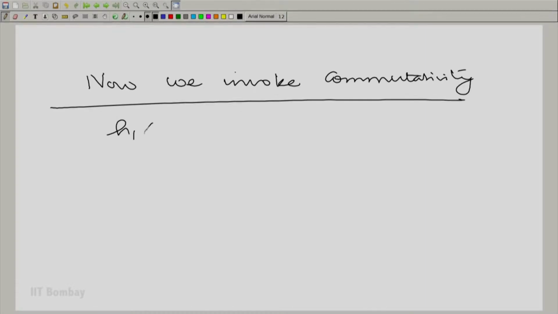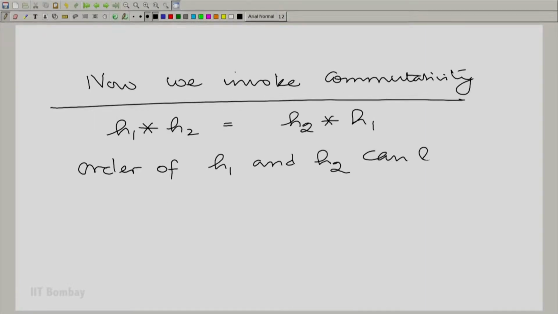And now, the moment the impulse response becomes the convolution of the two, you can invoke commutativity. So, let us do that. Now, we invoke commutativity. So, h1 convolved with h2 is the same as h2 convolved with h1. So, the order of h1 and h2 can be interchanged.